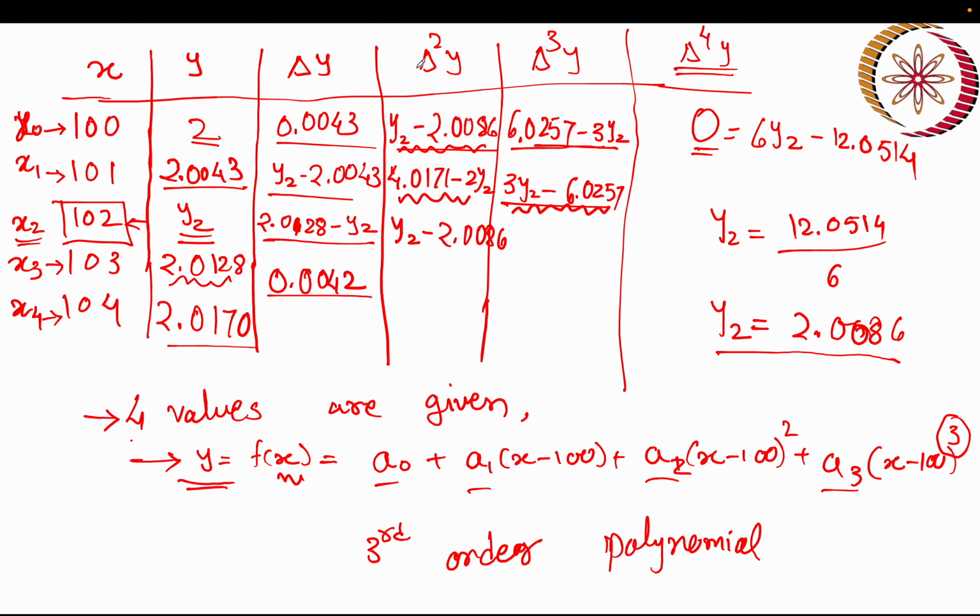We know that the fourth difference should be 0 because we are considering a third degree polynomial. So we found this last term, equated the fourth difference to 0, and it was 2.0086. Okay, I hope this is clear.